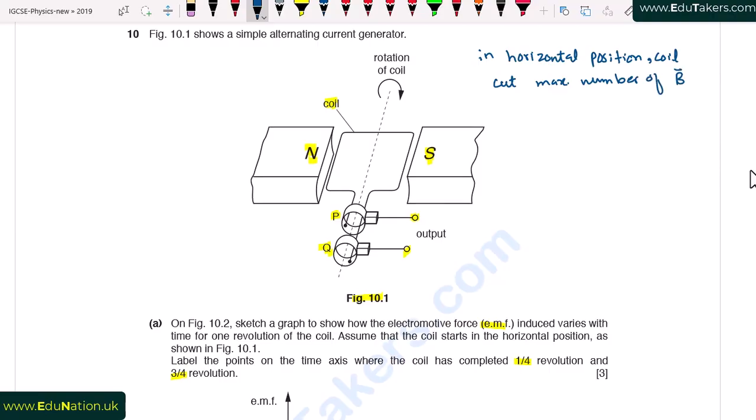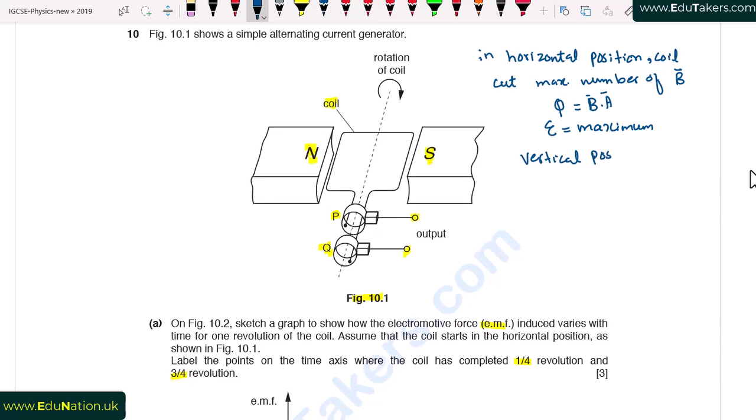As a result, flux changes because phi, that is flux, is equal to B dot A. So the flux changes and there will be the induced EMF and the induced EMF will be maximum. So the induced EMF, that is represented by E, will be maximum because the maximum number of lines are cutting the coil.